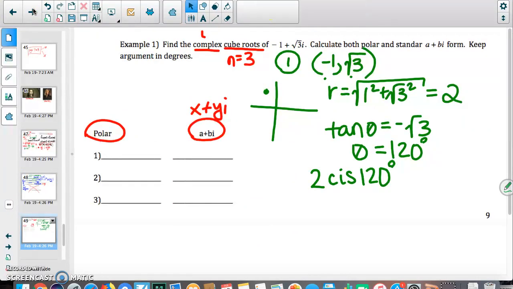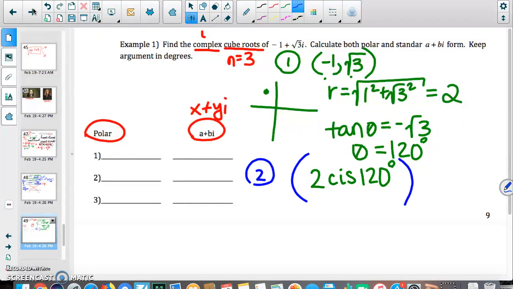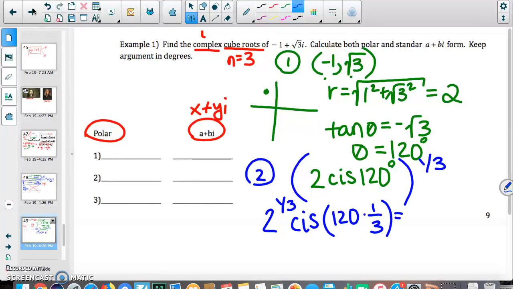Step 2 is to apply my theorem. I'm taking this to what power? Well, I want the third root, right? So I'm taking it to the 1/3 power. So then that becomes 2 to the 1/3 times CIS 120 times 1/3, which we can write as the cube root of 2 CIS 120 divided by 3, that's just 40 degrees.